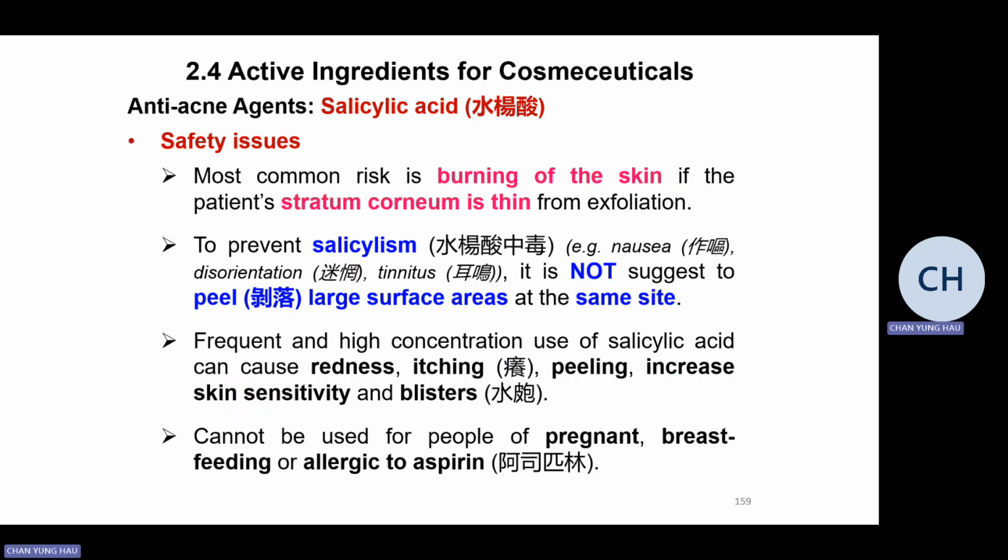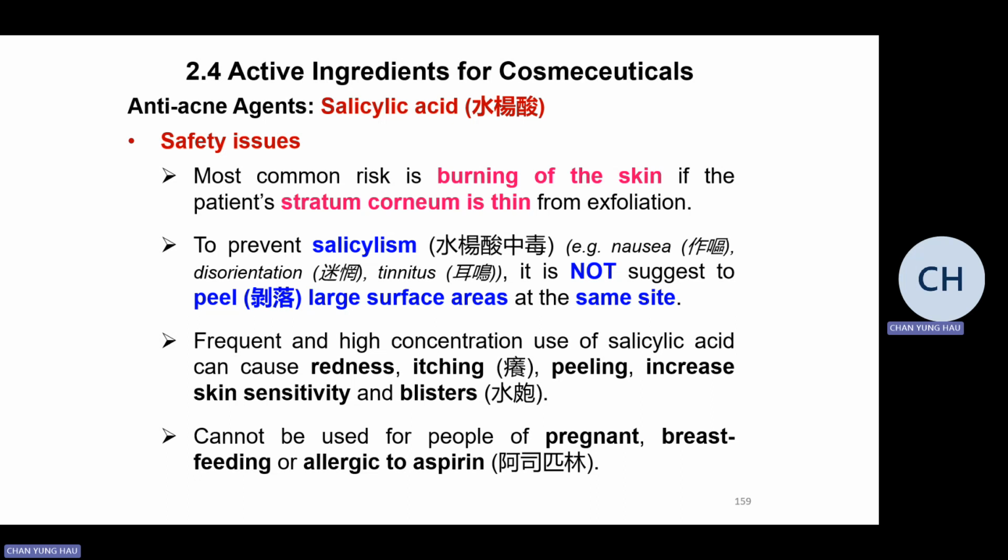The most common risk of using salicylic acid will be burning of the skin if the patient's stratum corneum is thin from exfoliation. To prevent this, it is not suggested to peel a large surface area at the same site.